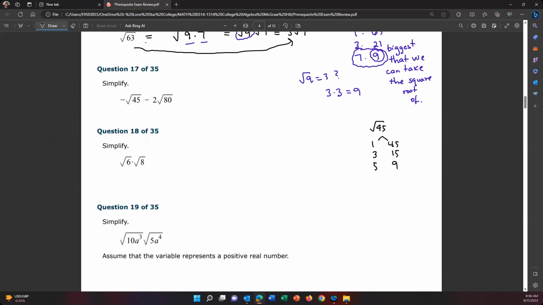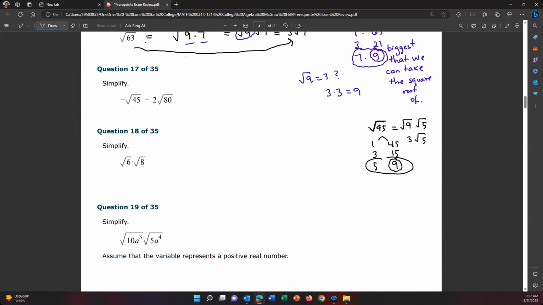Out of this list of factors, which one is the biggest one we can actually take the square root of? If you said 9, you are right. So therefore, the square root of 45 is the same as the square root of 9 times the square root of 5. And we chose this because we can actually take the square root of 9, which is 3.